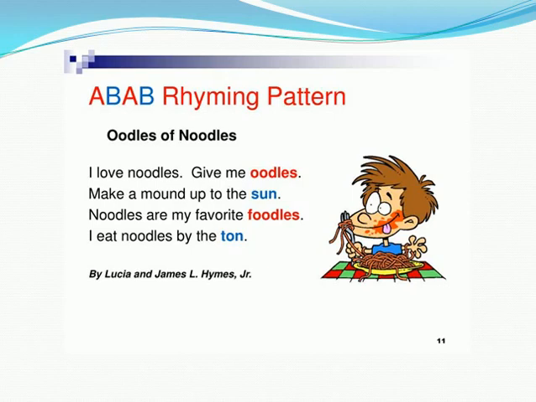The first line, oodles, rhymes with the third line, foodles, and the second line has similar sounds to the fourth line. So the rhyming pattern in this poem will be ABAB.